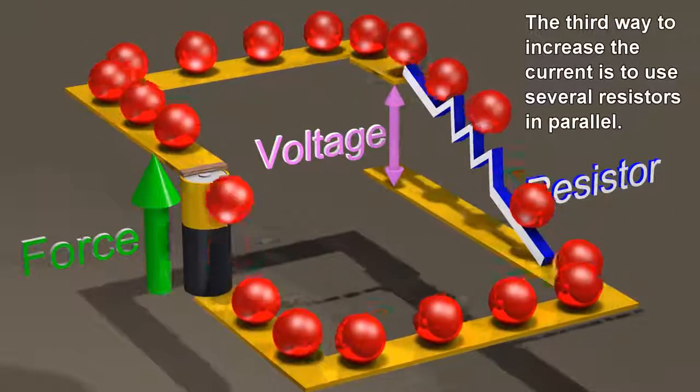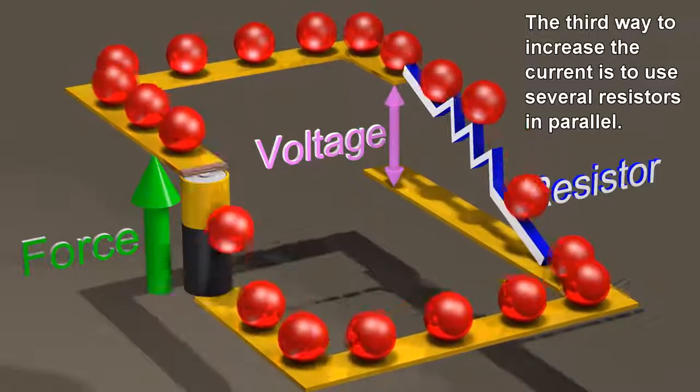The third way to increase the current is to use several resistors in parallel.